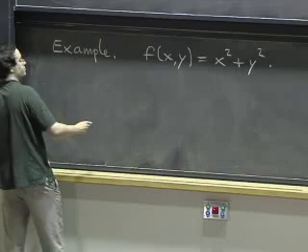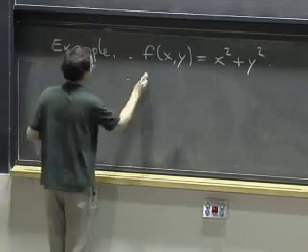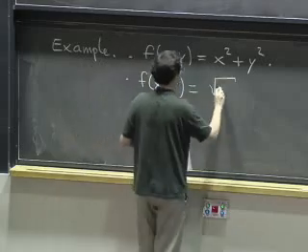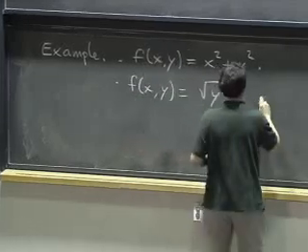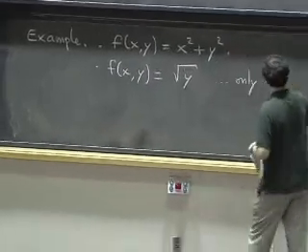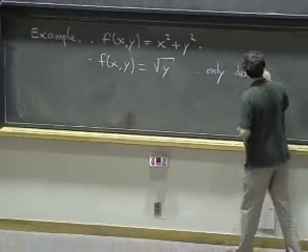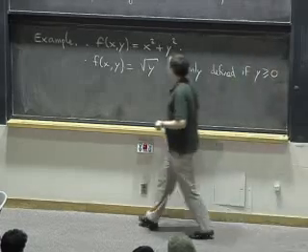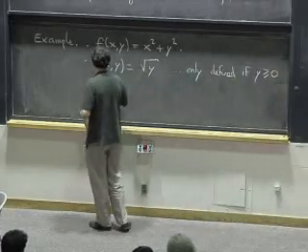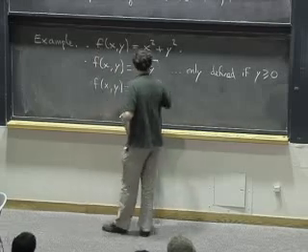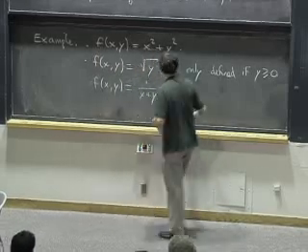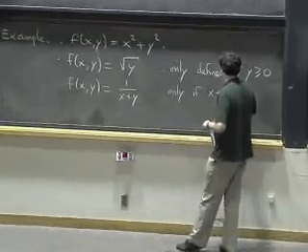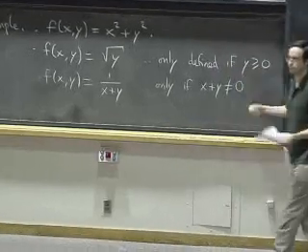So this one is defined all the time. But if I tell you, say, f of x y equals square root of y, well, this is only defined if y is non-negative. Or if I tell you f of x y equals 1 over x plus y, well, that's only defined if x plus y is not 0, and so on.